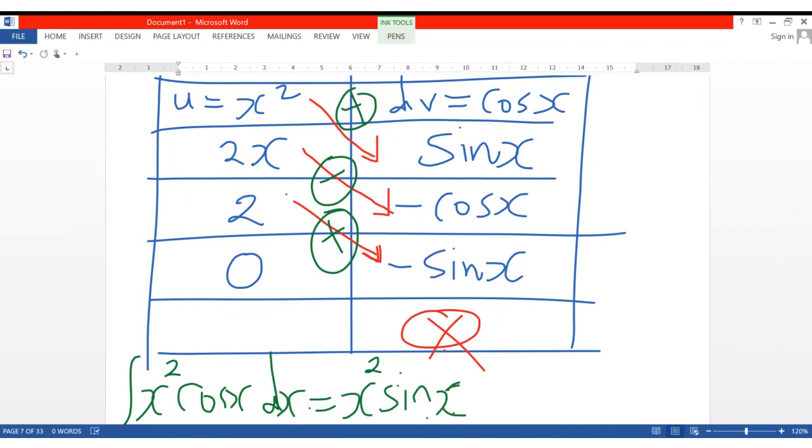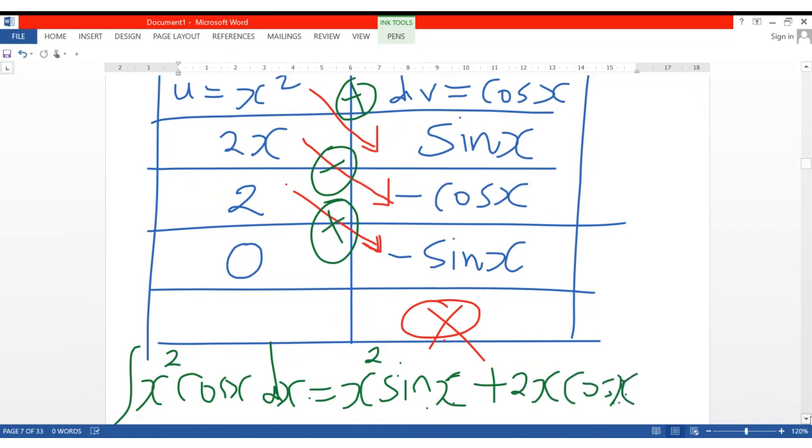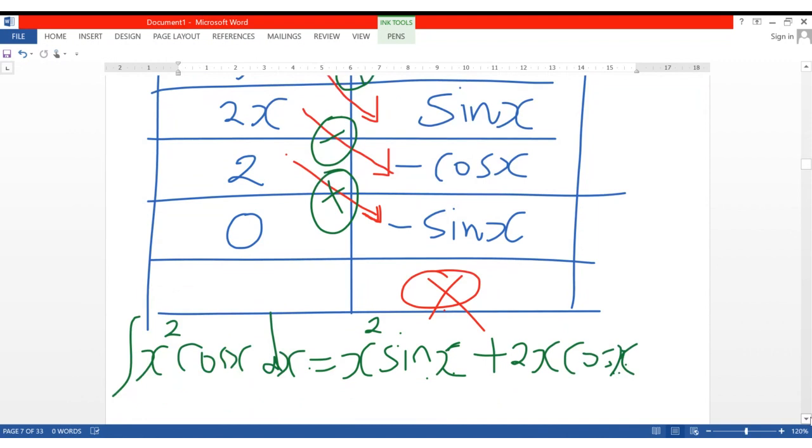Negative 2x times negative cos x, I'll get positive 2x cos x. Finally, I have 2. You multiply by a positive and then multiply by a negative sin x. I'll end up with negative 2 sin x. And then I can add a constant of integration at the end.